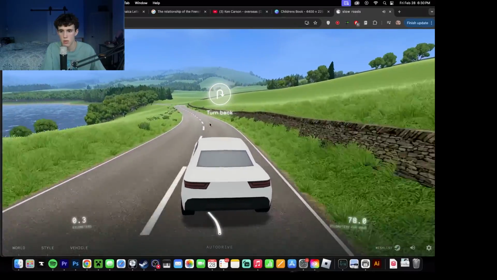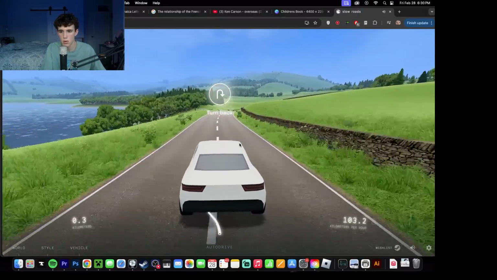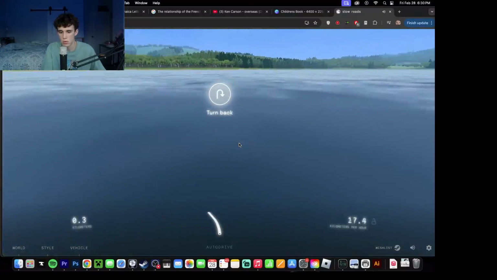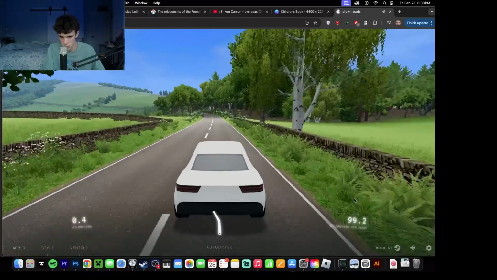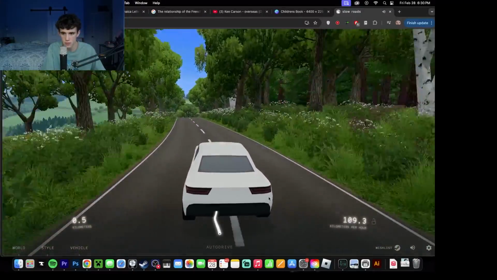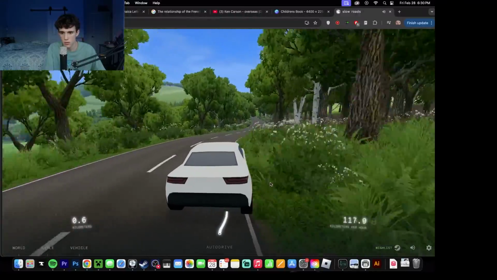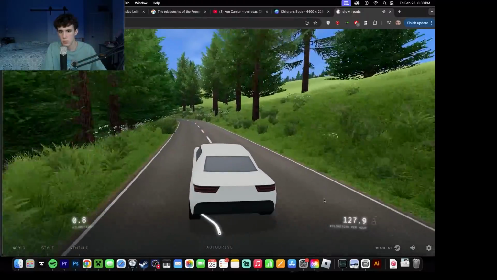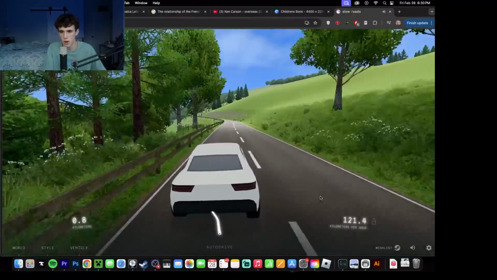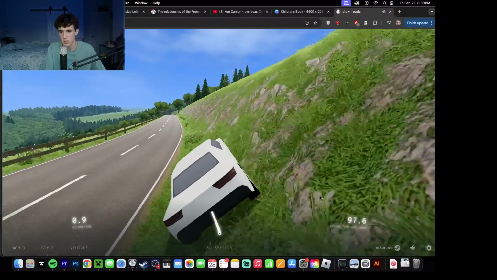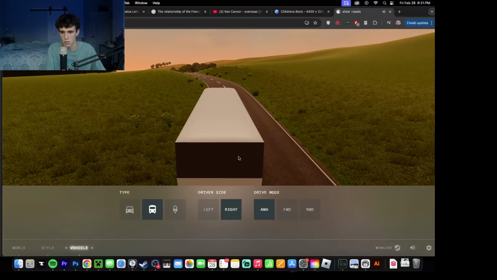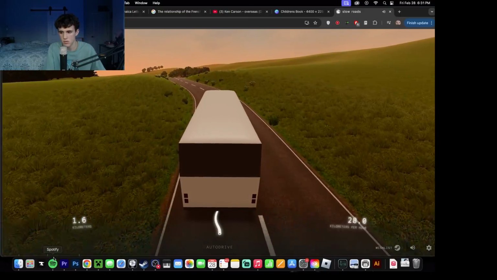No. Whoa. That scared me. Am I not supposed to do that? We're almost at 100. We're at 104, 107. Yeah, we're getting high speed. Oh, we're gonna hit 150. Oh no. We might hit 150 here. Okay, get on road. Get on road, bro. Please. We're on a bus now.